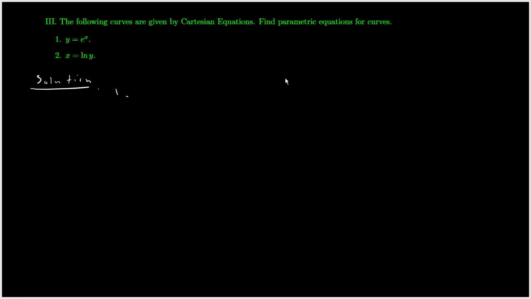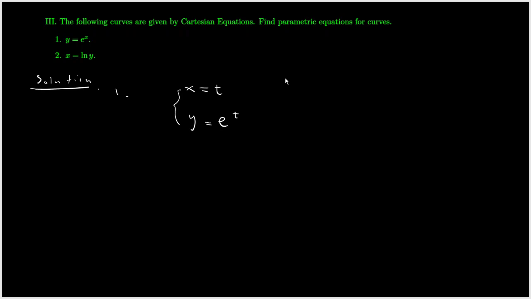In question 1, it's easy. We just treat x as the parameter t. Because y is a function of x, if you treat x as the parameter t, then y as a function of t is going to be, does that make sense? y is equal to e to the power of t.